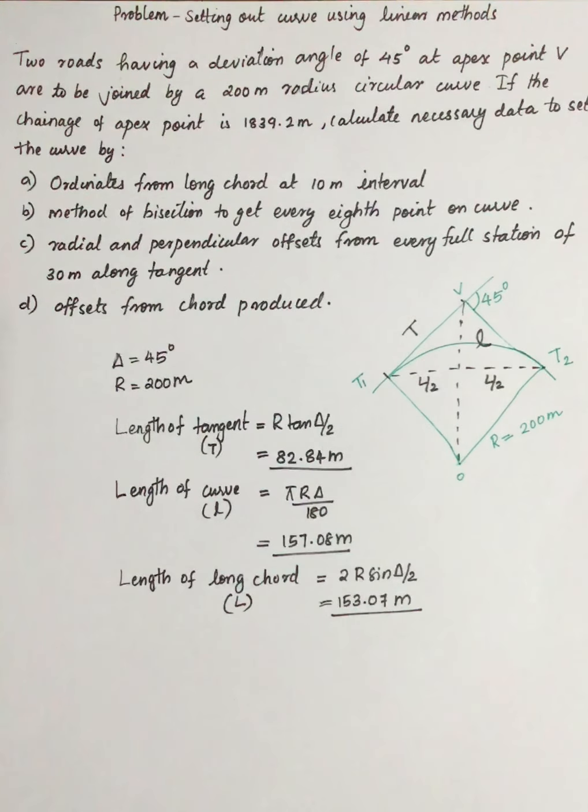Okay, now in the question they have given one more data, that is the chainage of apex point is 1839.2 meters.